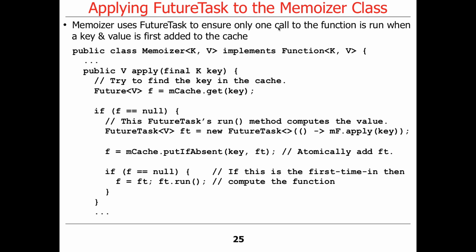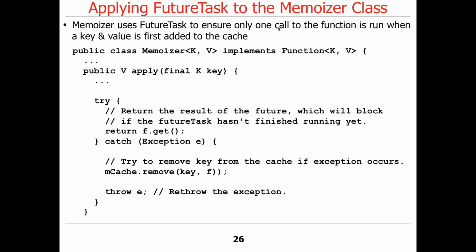So the next slide comes after all the code we just looked at, right? So everything else has been done. And now we're going to fall through, and we're going to say f.get. And here's the interesting part. If the value had already been computed and stored, and the future task computation was finished, then f.get will just return the value. So we're done.